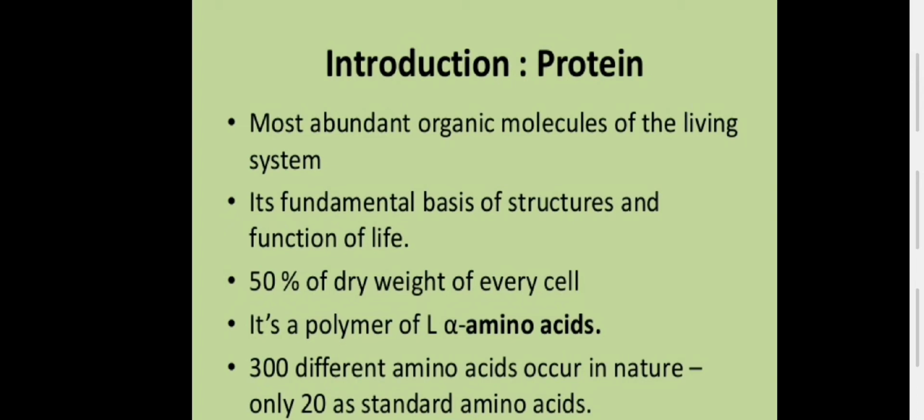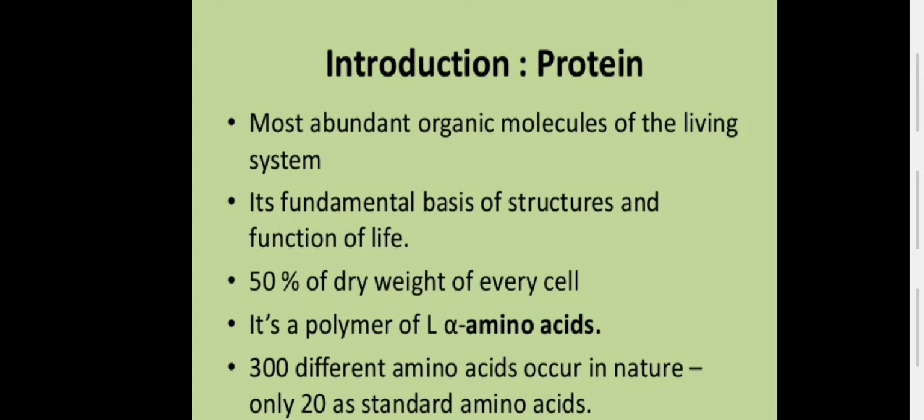It is said that protein is the most abundant organic molecule of the living system. Why? Because protein has a process in DNA replication by the name of protein synthesis. Protein is very important in DNA replication. Aside from that, in DNA transcription and translation, protein is also there. That is why it is said to be the most abundant organic molecule of the living system.